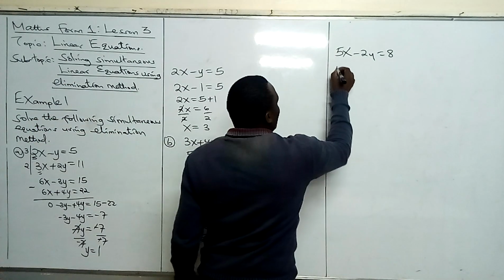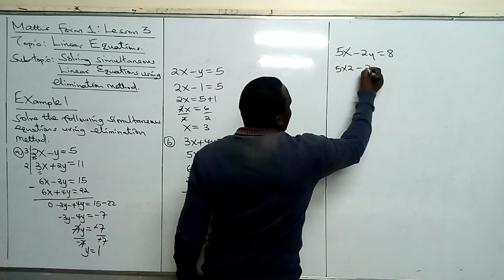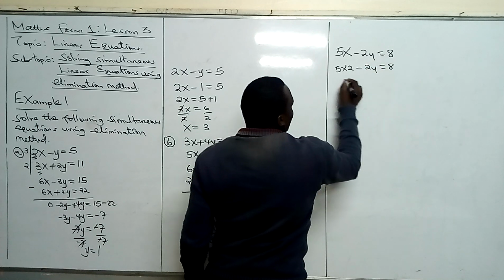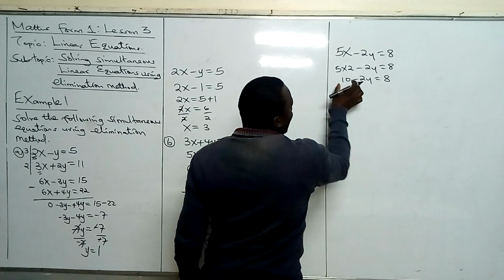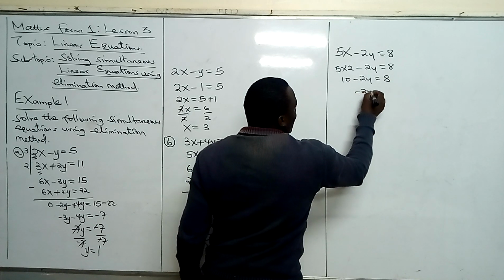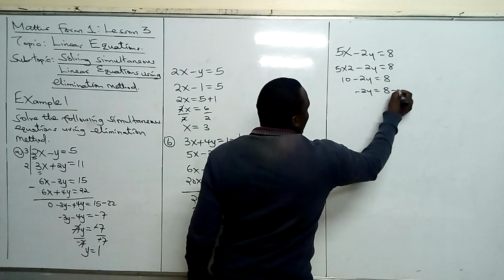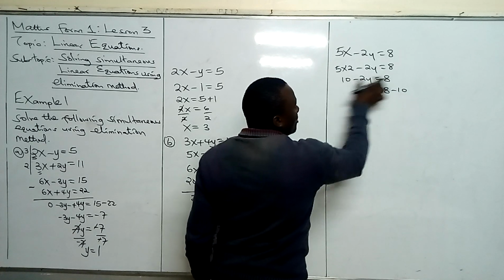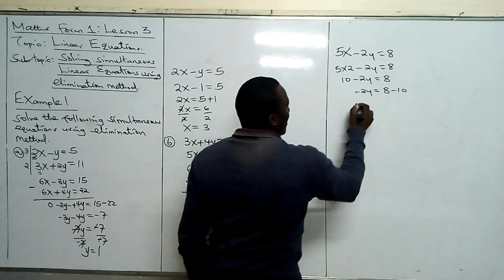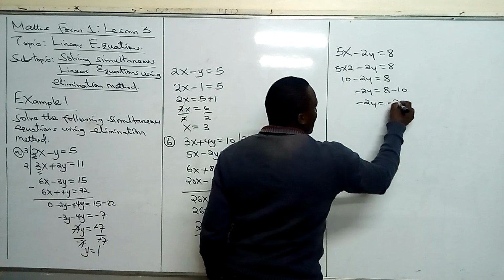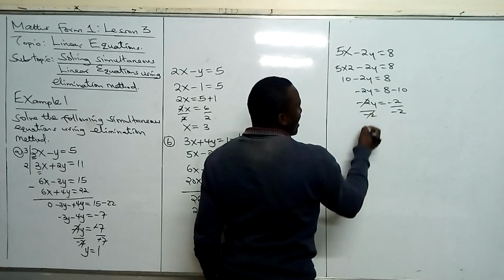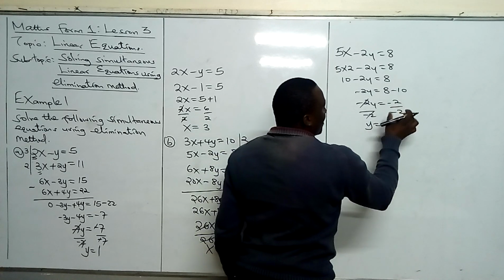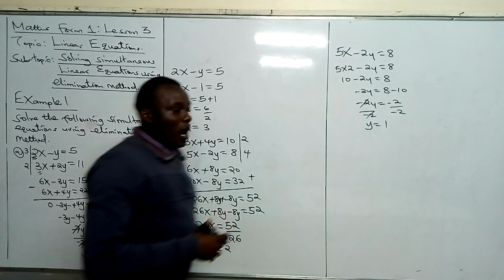So we will say 5 times 2 minus 2y is equal to 8. This will give us 10 minus 2y is equal to 8. We can take 10 to the other side. Minus 2y is going to be 8 minus 10. 10 is positive, and when it goes to the other side, it becomes a minus. Minus 2y will be minus 2. We divide by minus 2, we divide by minus 2. Minus 2 and minus 2 will cancel. Minus 2 divided by minus 2 gives us 1, so y is 1.